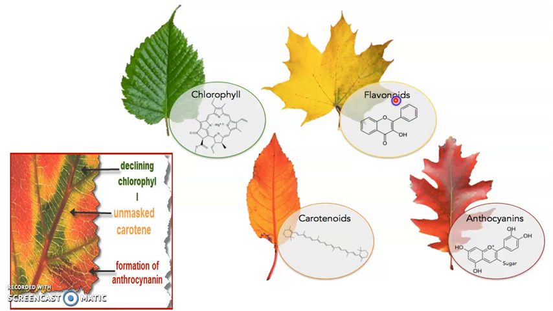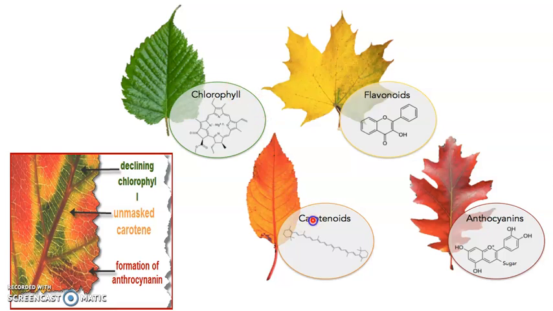All right, because what you're starting to see is a variety of other different accessory pigments that all absorb green light. But once chlorophyll starts to disappear come fall, because chlorophyll levels start to decline, the plant stops making them.